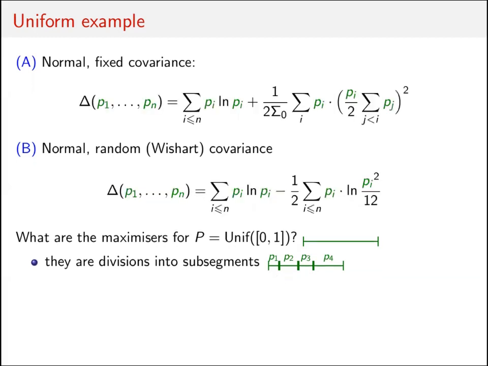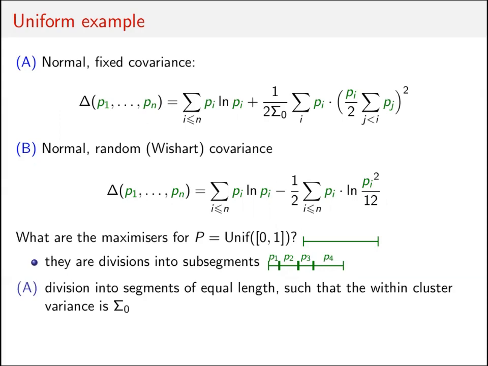And now, if you know that, then it boils down to an analysis 1 exercise: find P1 to Pn, which maximizes these expressions. So for the fixed covariance case, it turns out that you need to obtain equal lengths. So it's kind of symmetric, which is nice. This is what you expect, and you are glad that it is so.